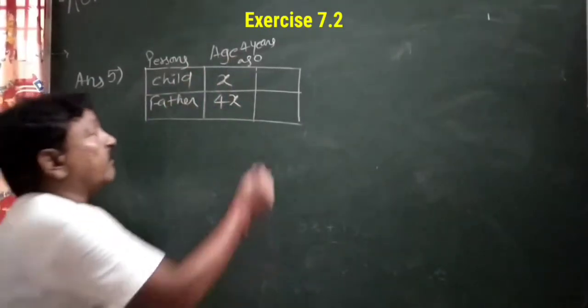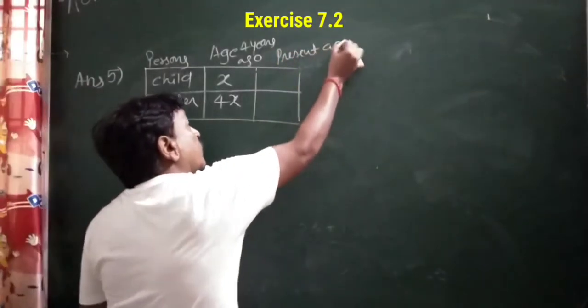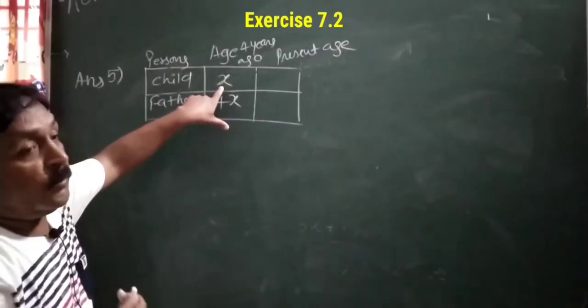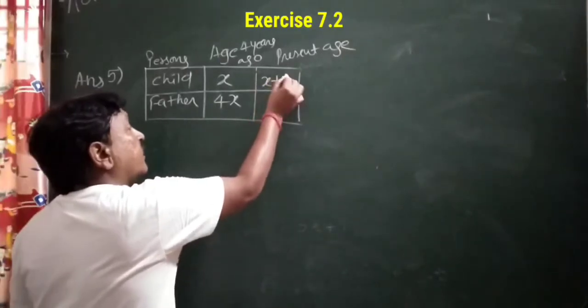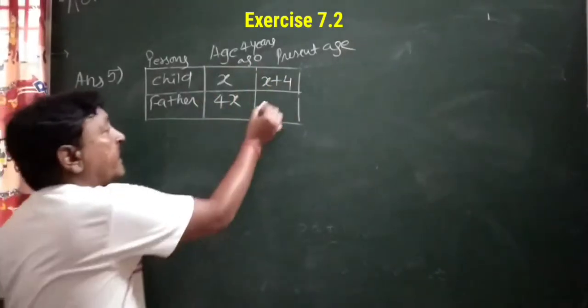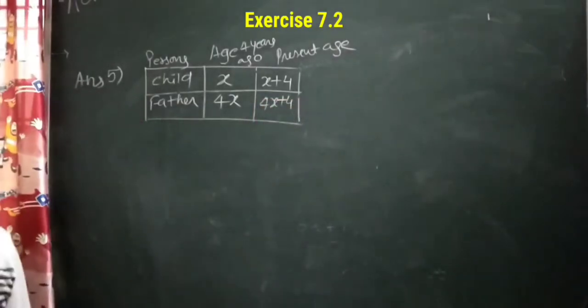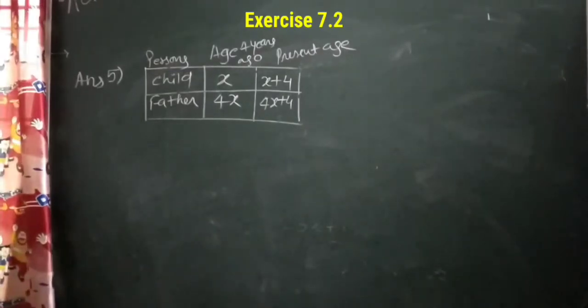And in our question we have to find out the present age. So what will be the present age? It is x 4 years ago, and now after 4 years we have to add 4. In the same case of father also we have to add 4. This was what the question was saying. Is it clear? So in this way we will get their present age.